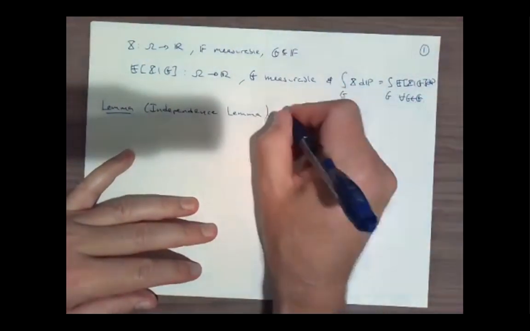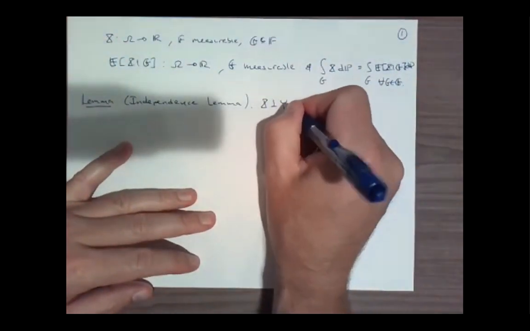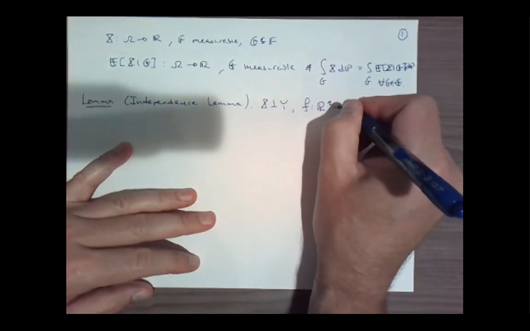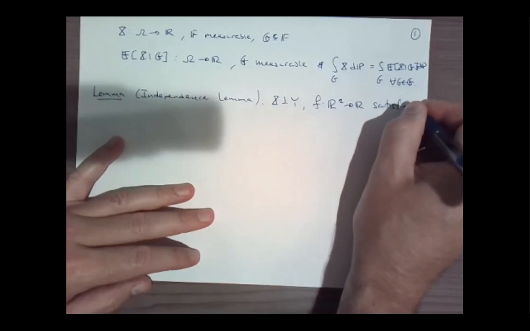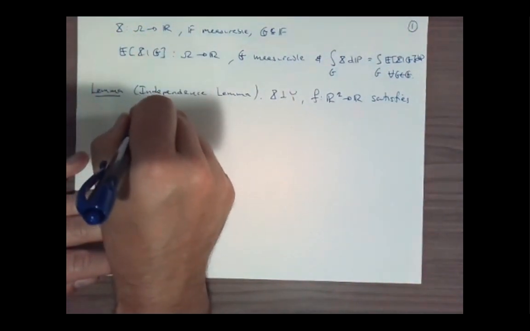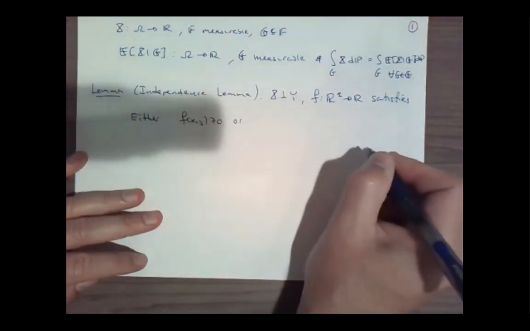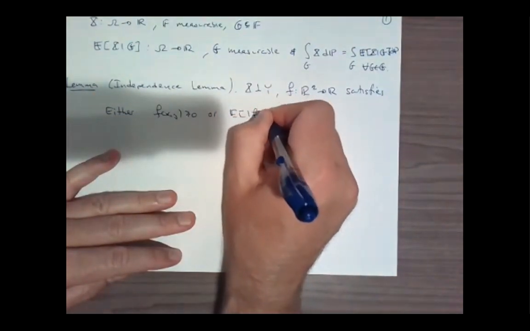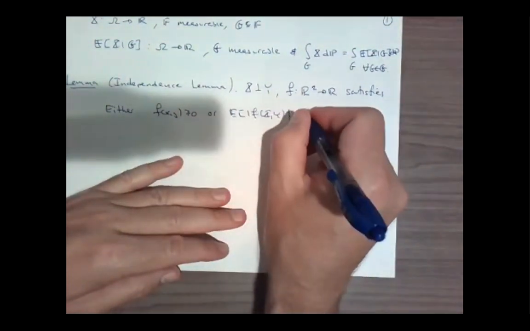What it says is, you take two random variables, X and Y, and we're going to have them be independent. You take a function f from R2 to R, which satisfies either f of (x,y) is positive, or the expectation of the absolute value of f of (x,y) is finite.